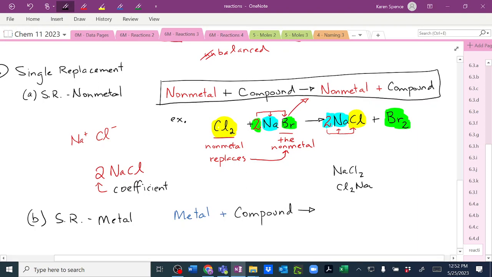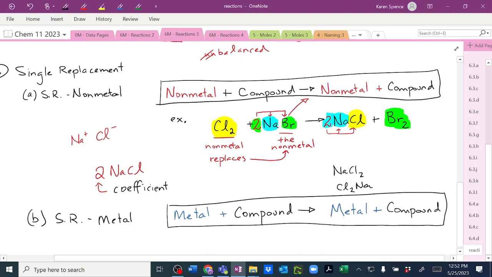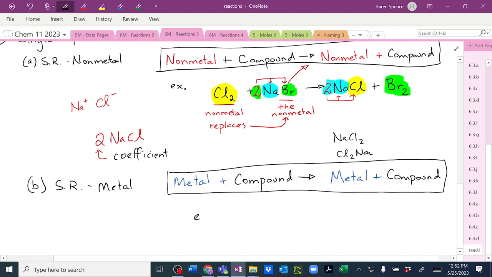Yep. Metal plus compound. So what if we had, like, let's say, CaCl2 plus, I don't even know, Na.